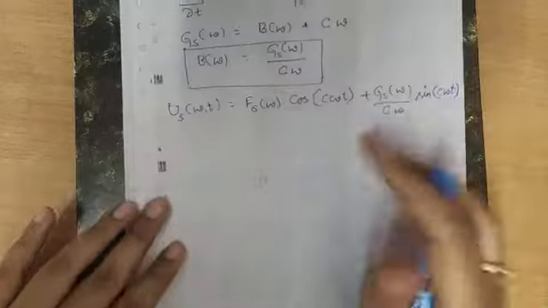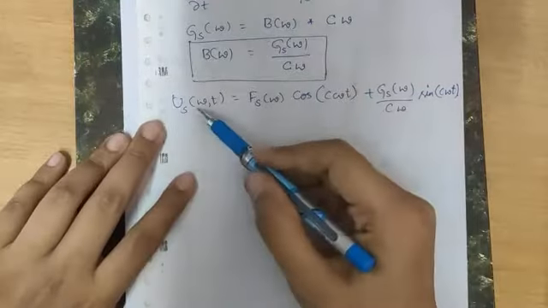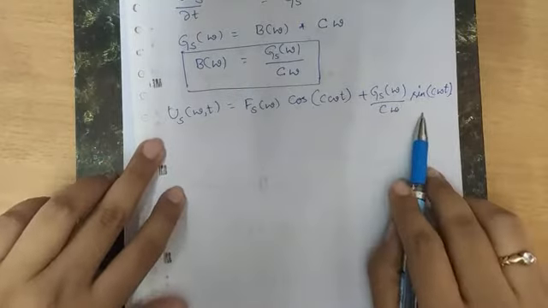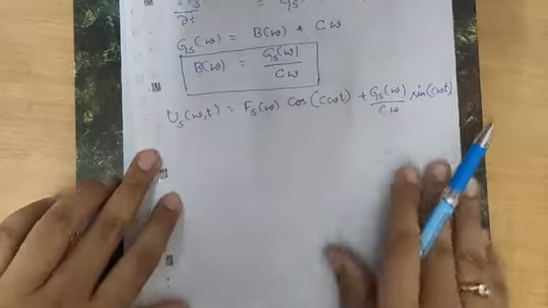Okay, now we have to convert this equation to x form. For that, I will take the inverse Fourier sine transform on both sides of this equation.